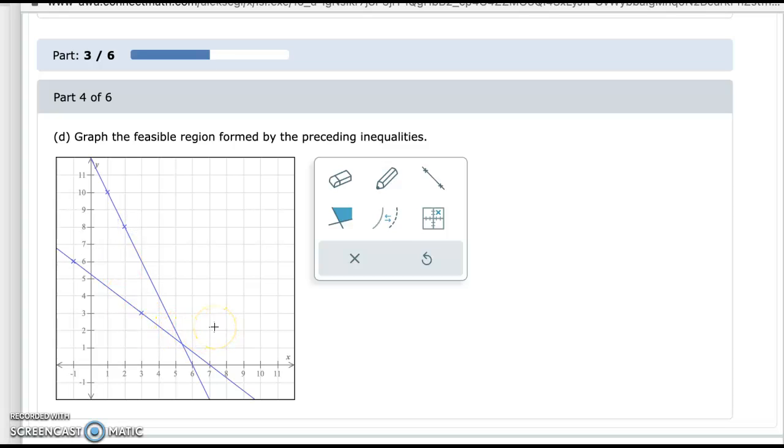So now I've got this, and those are both less than or equal to, so I have to shade below them. Now, let me erase this.